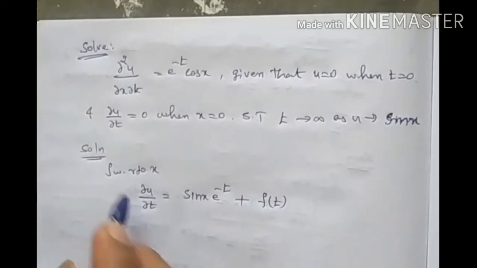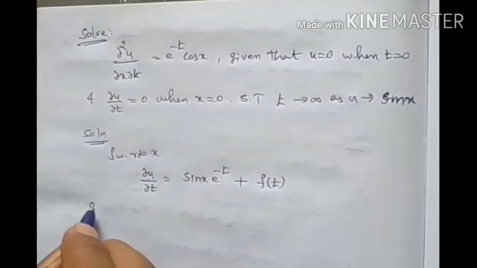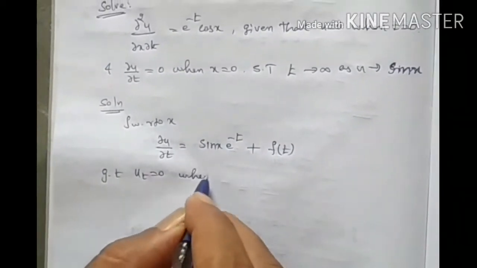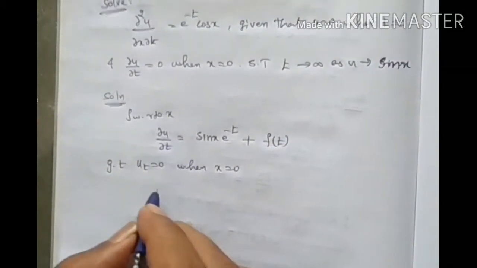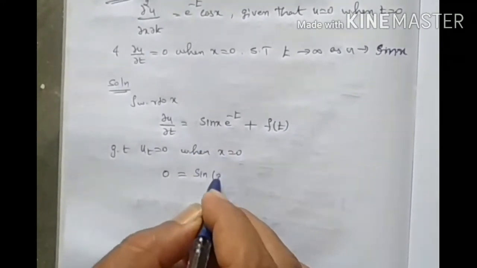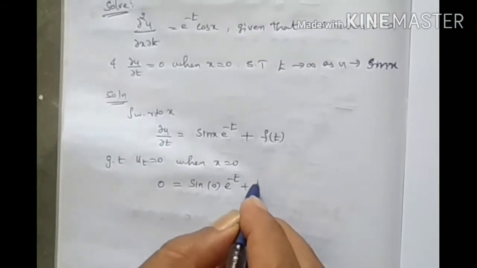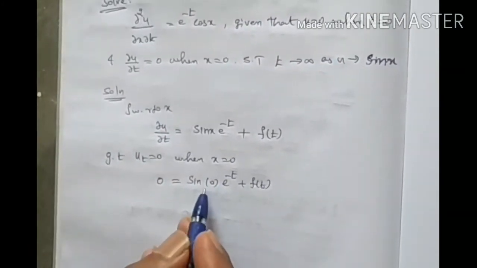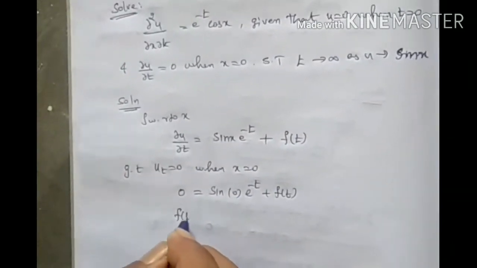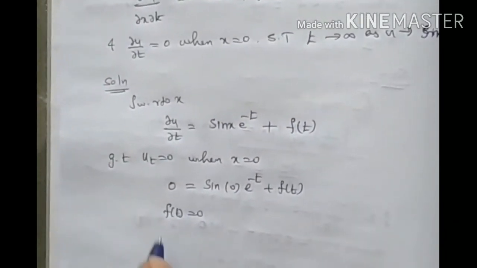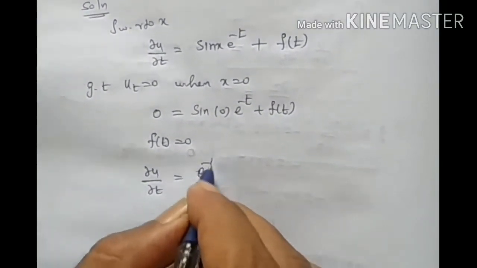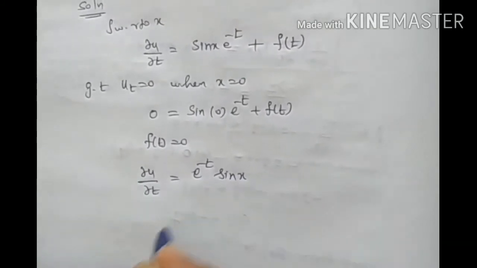Now it is given that dou u by dou t is 0 when x is 0. So substitute: dou u by dou t is 0, sin 0 into e power minus t plus f of t. Sin 0 is 0, so the complete term becomes 0. f of t is 0. Now dou u by dou t becomes e power minus t into sin x.